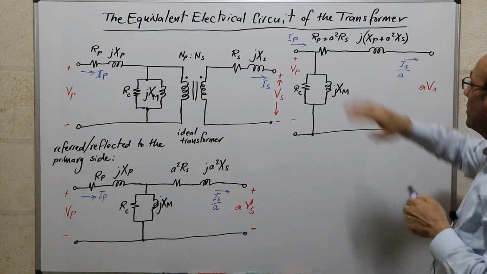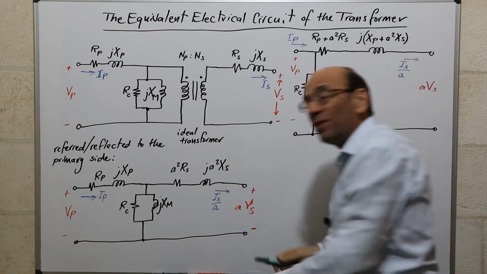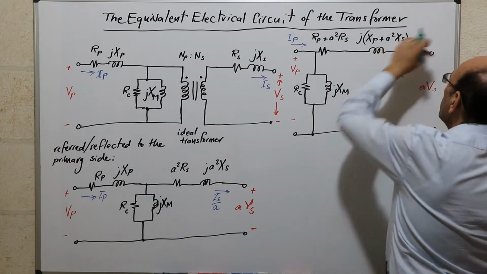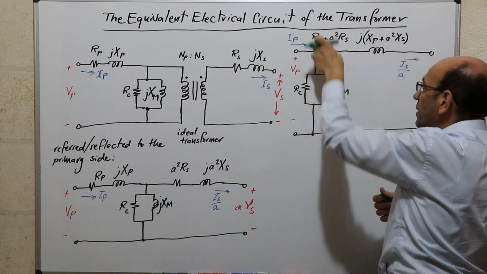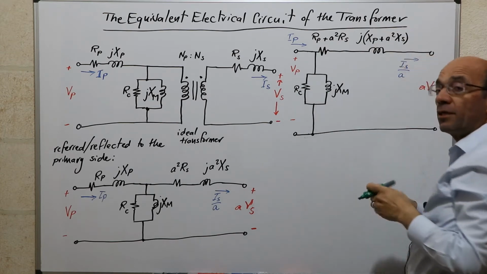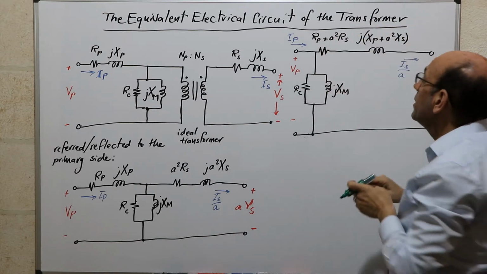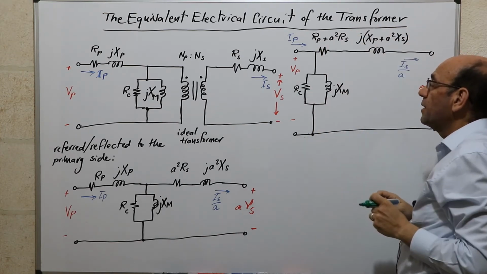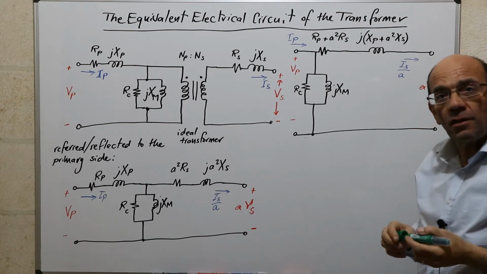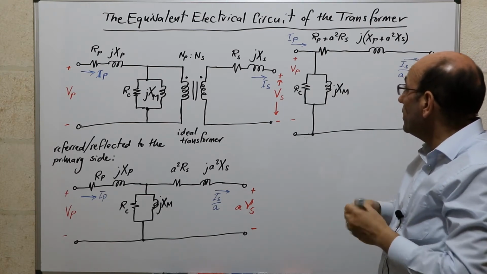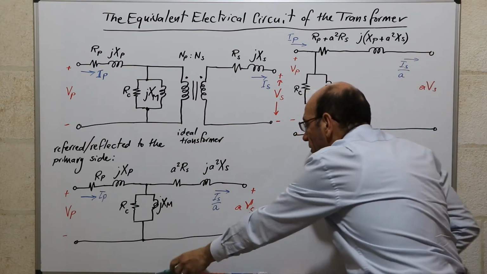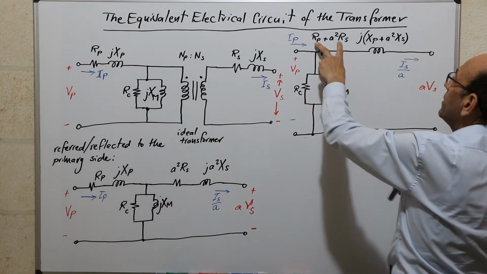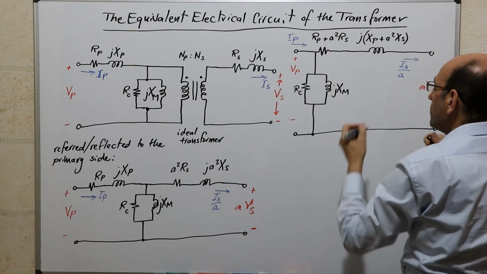So that's one stage of simplification. Again, we go back and remind ourselves that this is the series part and this is the shunt part. The series part, we'd like it to be as small as possible, and the shunt part, we'd like it to be as large as possible. So this is a phase of simplification. We could actually simplify this further, and we could combine this and call it R equivalent.